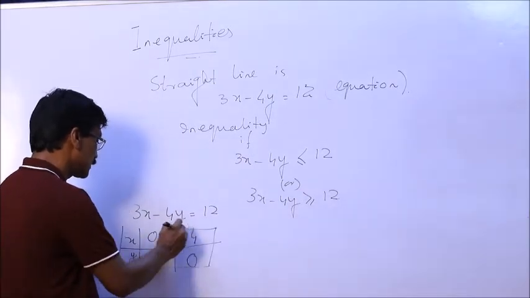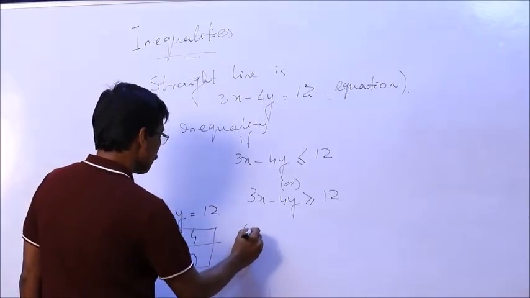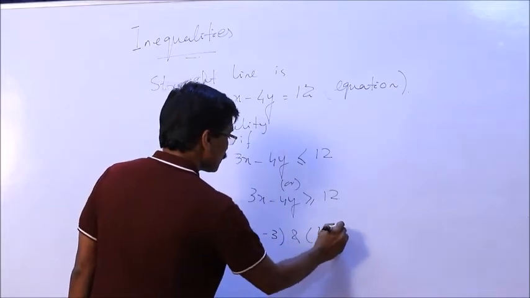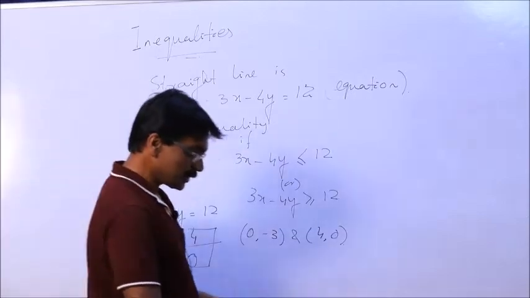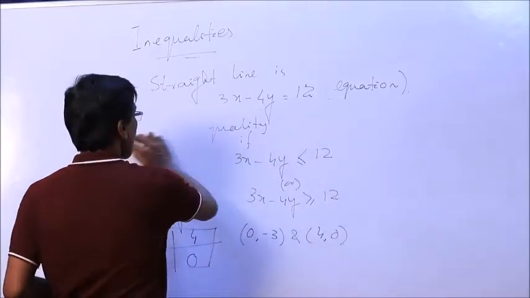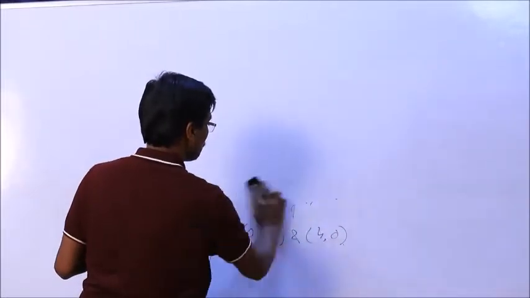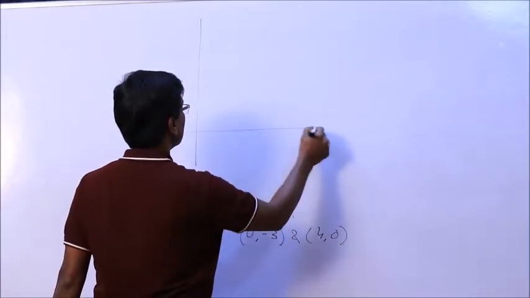So, the 2 points are (0, minus 3) and (4, 0). So, we can draw the line by taking x and y axis.